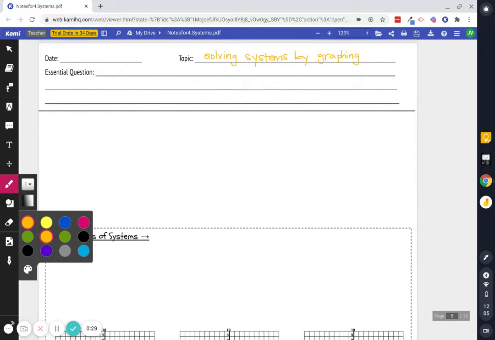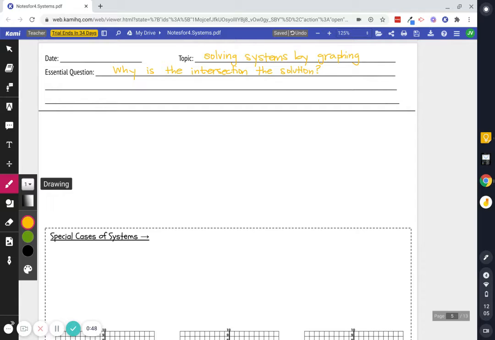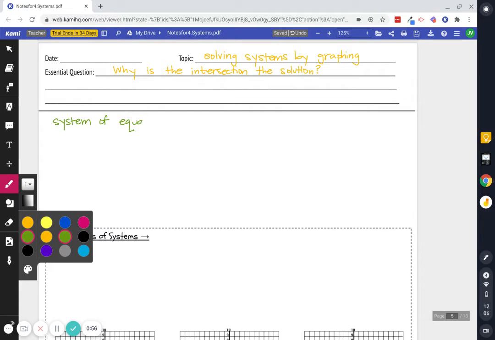Okay, so we're going to look at a couple of different things, but the biggest thing is, why is the intersection the solution? When we talk about a system, we're talking about two equations with two variables.